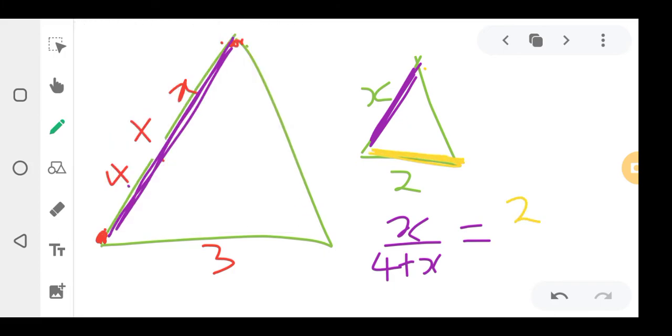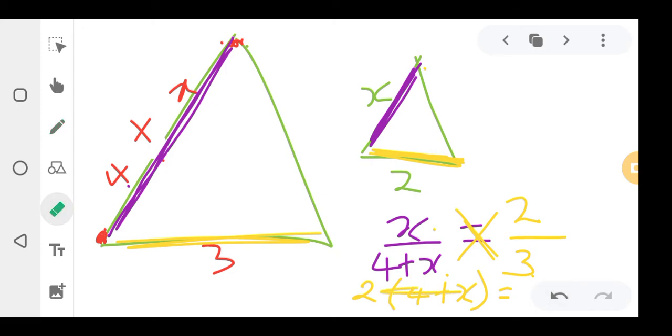So it will be 2 over the down distance this side, which is 3. So it's over 3. Then you cross multiply. So this 2 times open bracket 4 plus x closed is equal to 3 open bracket x.